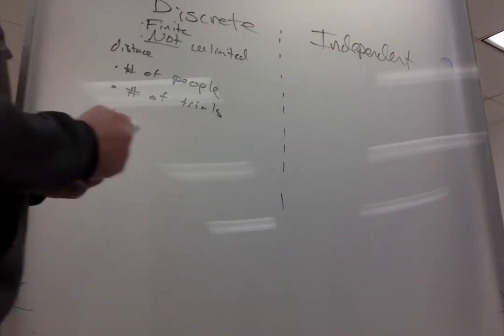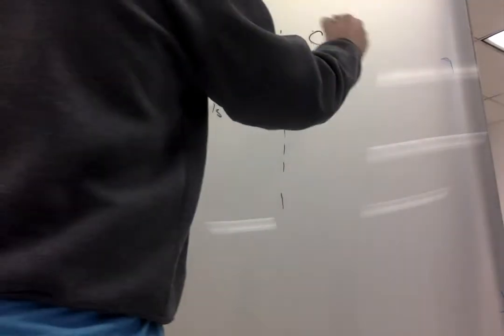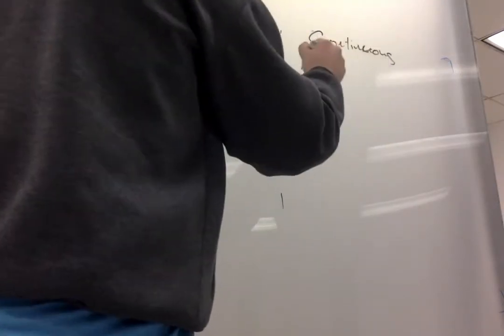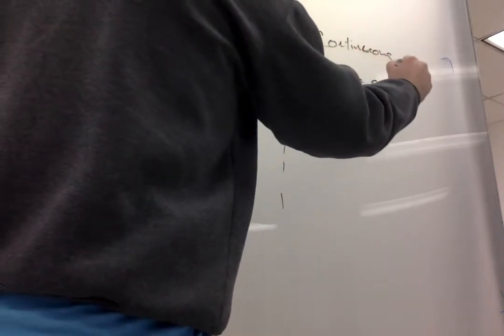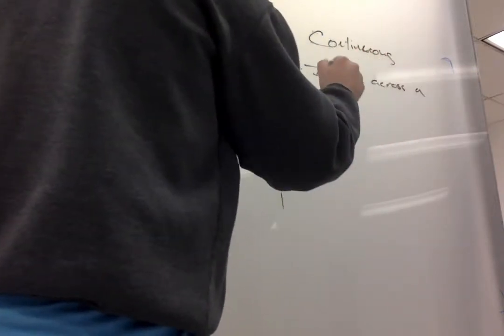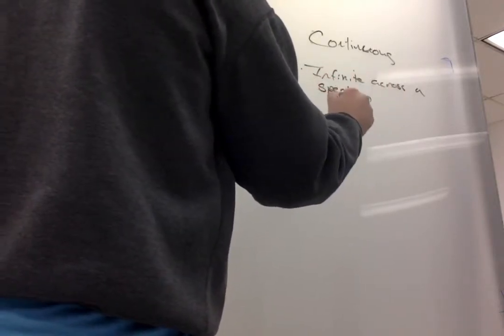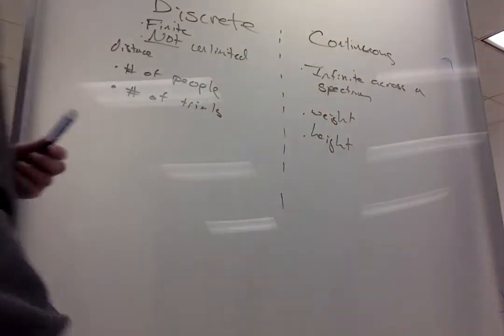All right. So we have discrete and continuous variables is the other word here. Continuous variables, on the other hand, are infinite across a spectrum. Things like weight and height are excellent examples of continuous variables.